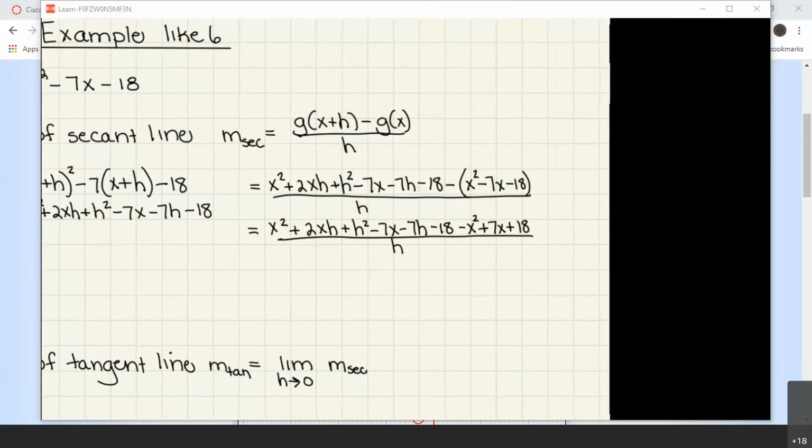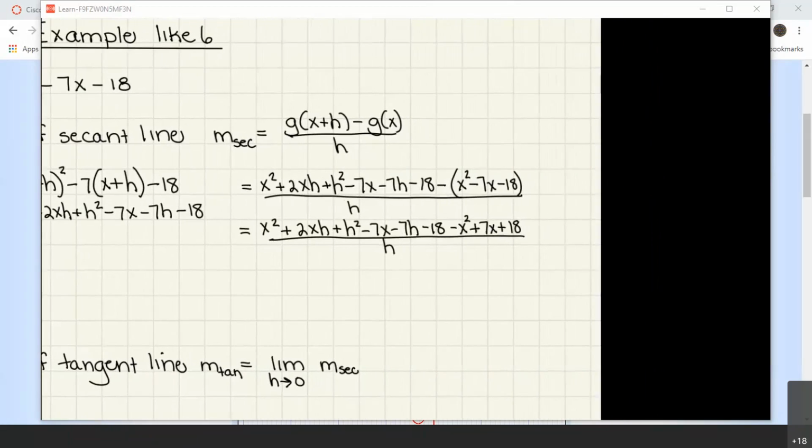Now let's look at what cancels out. I have positive x squared, negative x squared. I have -7x, positive 7x, -18, positive 18. I strongly urge you, if it's been a while since you've done algebra, write everything out and give yourself plenty of room. Don't jam it in.